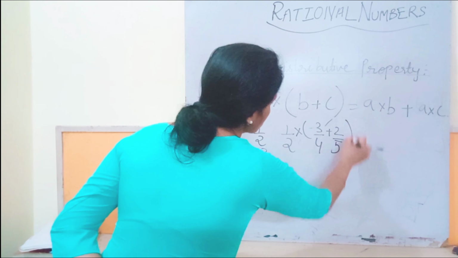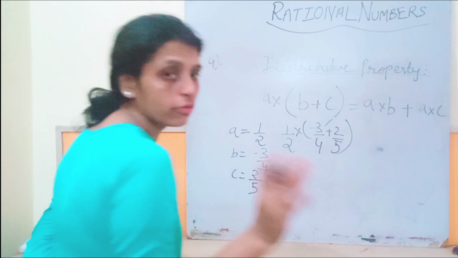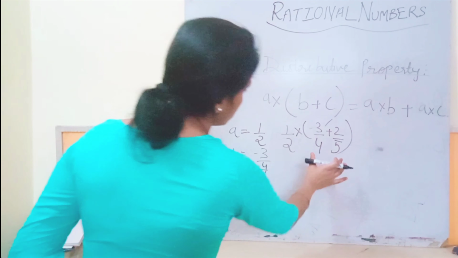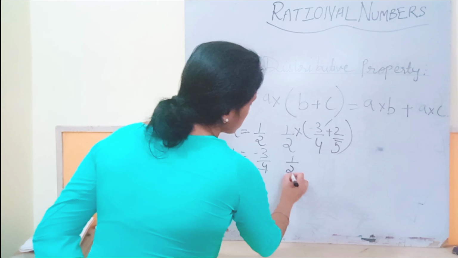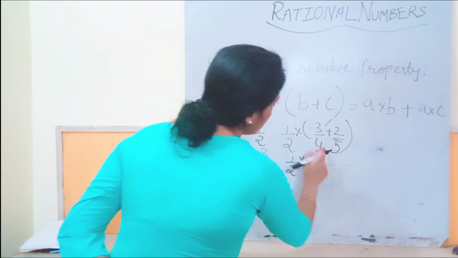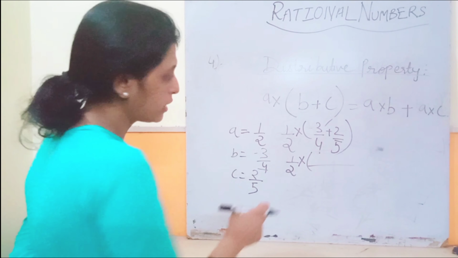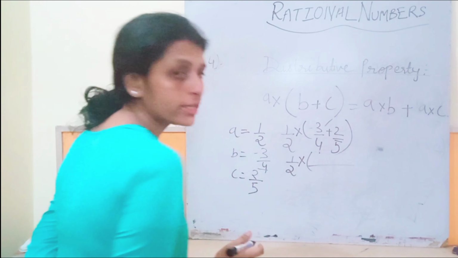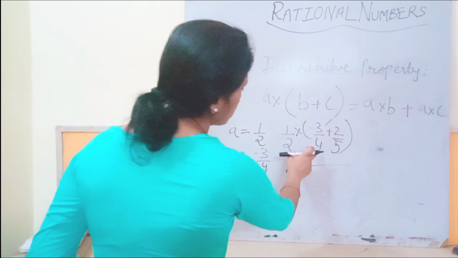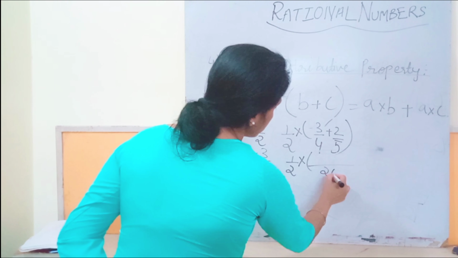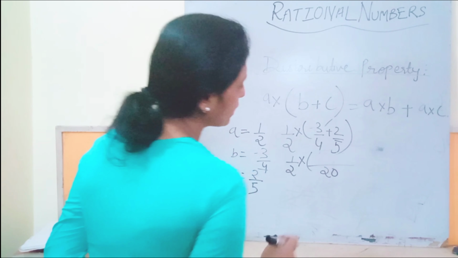As these terms are in bracket, first you need to solve these two. Because they have unlike denominators, we have to take the LCM. So 4 and 5's LCM is 20. In 4's table 20 comes 5 times.